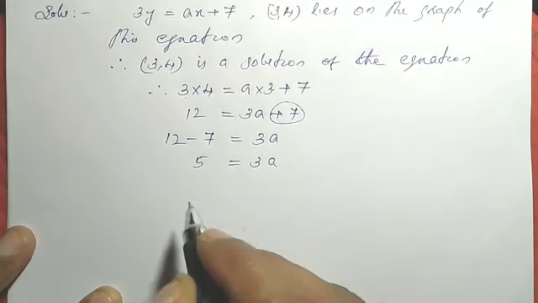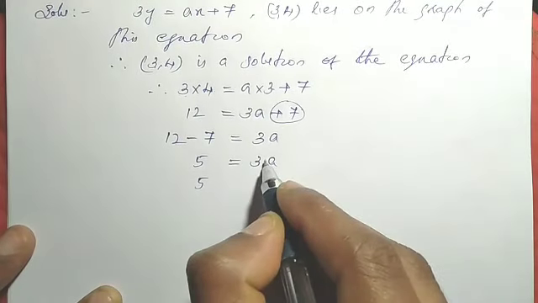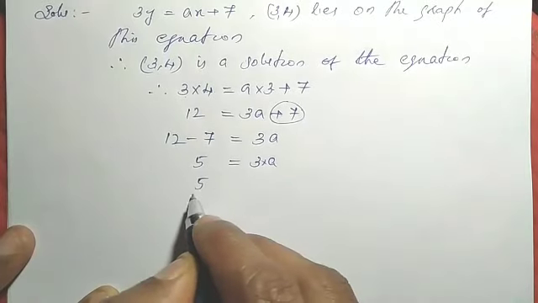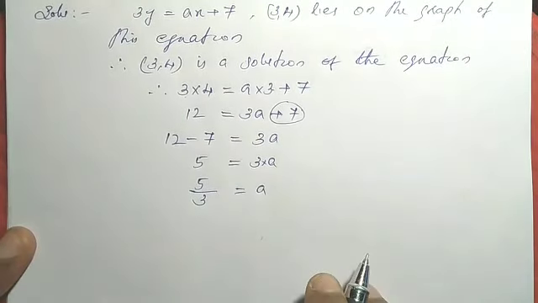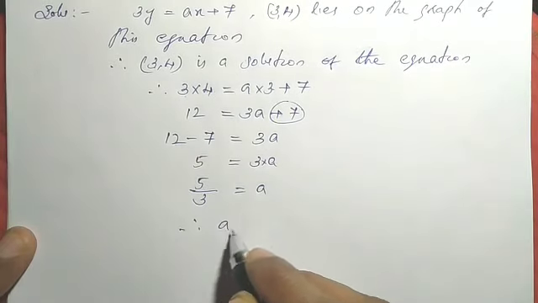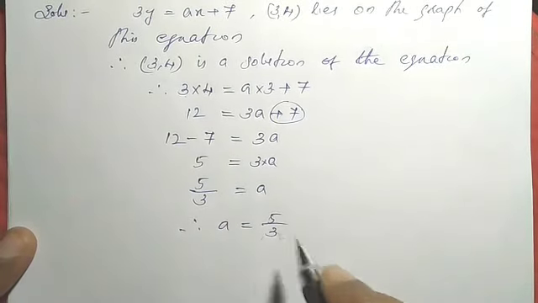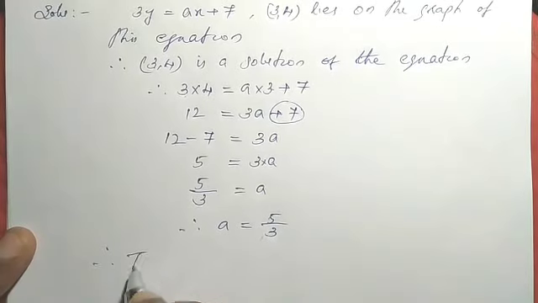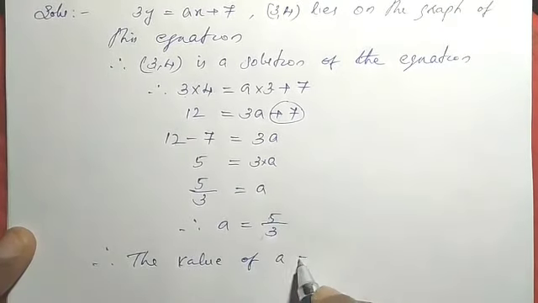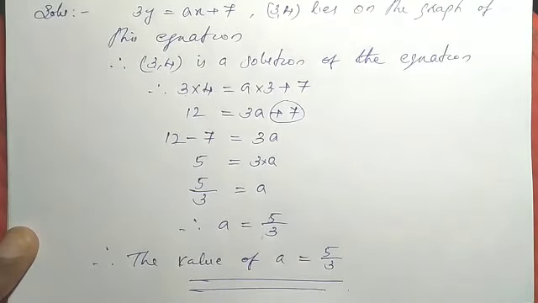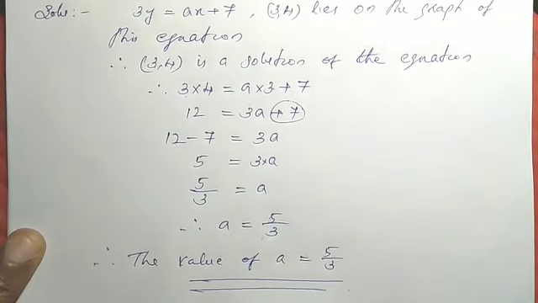Now 3 is multiplying, so transposing to the left side we will get 5 divided by 3 is equal to a. Therefore the value of a is equal to 5 divided by 3. That is the answer. Now let's see question number 4.